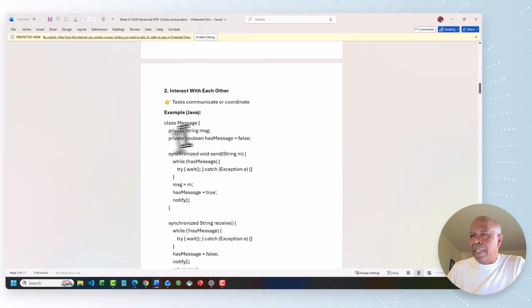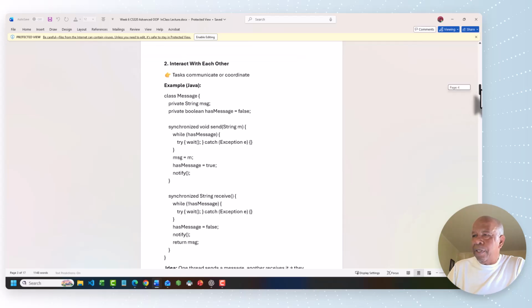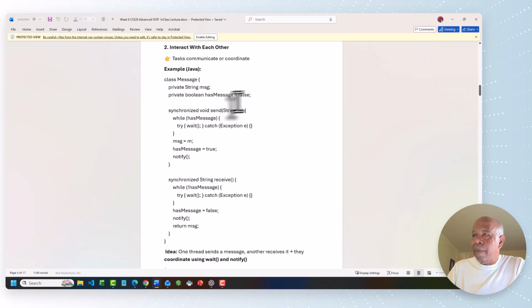So here is an explanation of this particular situation. We're taking something, there's no message there. We synchronize. We say, "While we have a message, try wait exception." So we're going to wait for a message.